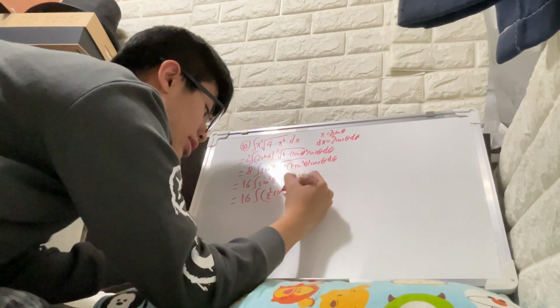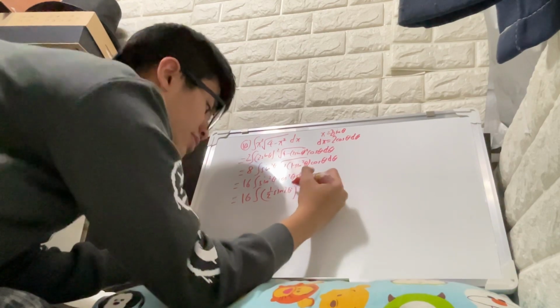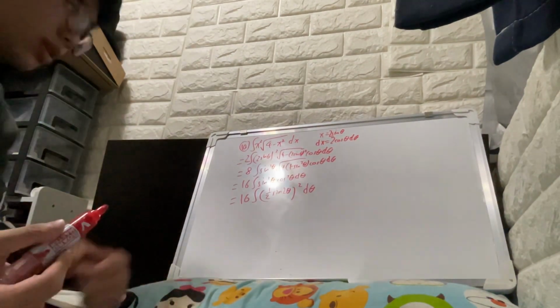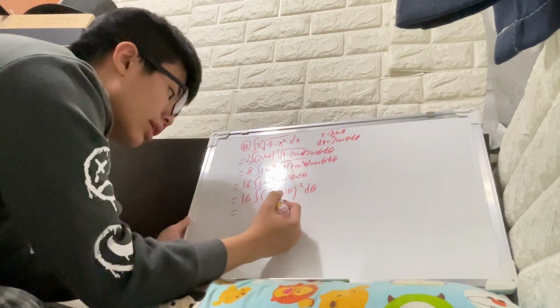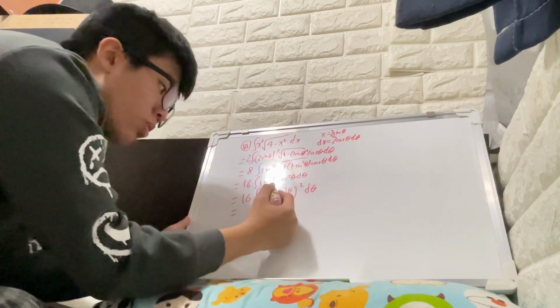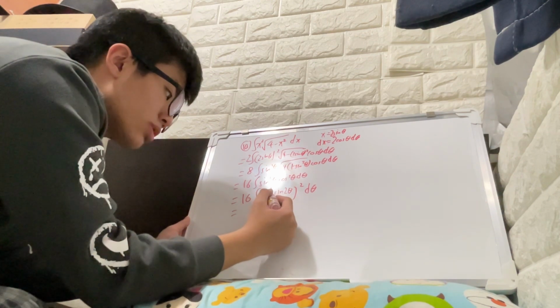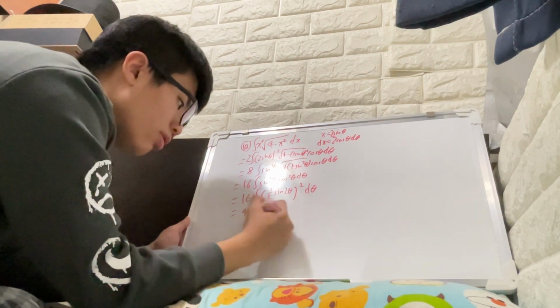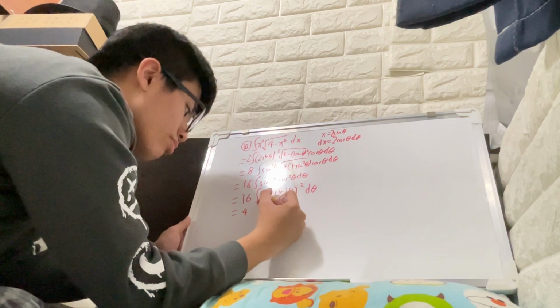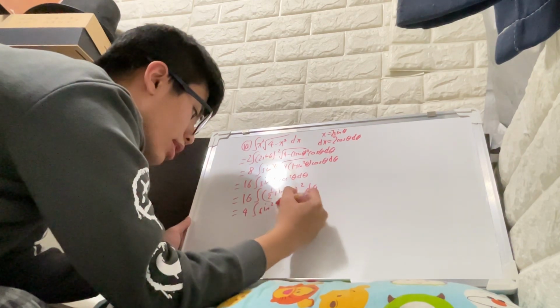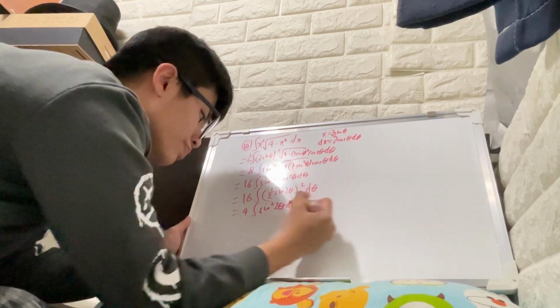Because it's in our theta world, we're going to change this to 1/2 sine 2 theta. So you can put it outside the integral, and then it becomes 1 over 2, you square that, it becomes 1 over 4, so 16 divided by 4 becomes 4 times the integral of sine squared 2 theta d theta.